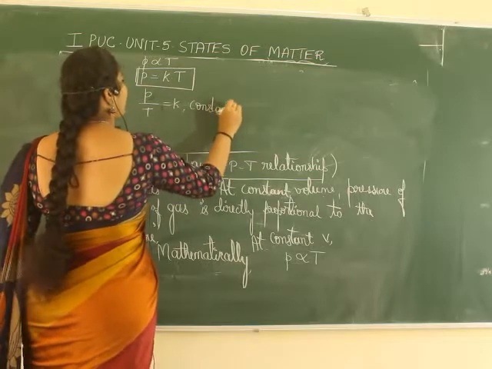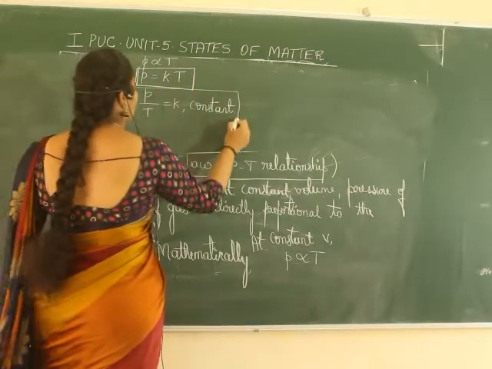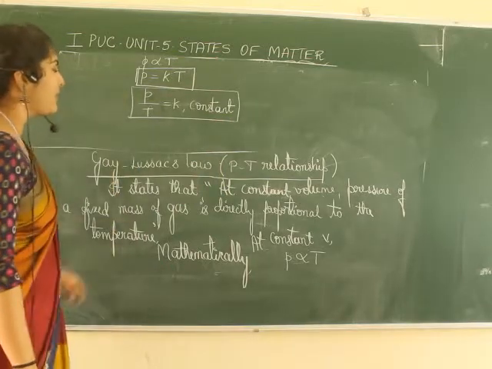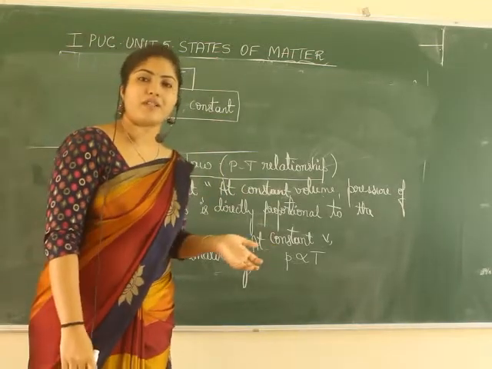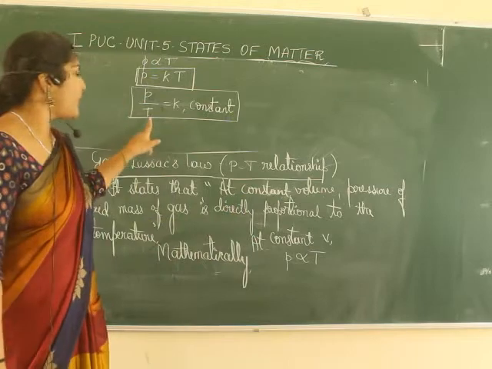If I consider two cases where initially the pressure is P1 and temperature is T1, and final pressure is P2, temperature is T2, then how can I write this?